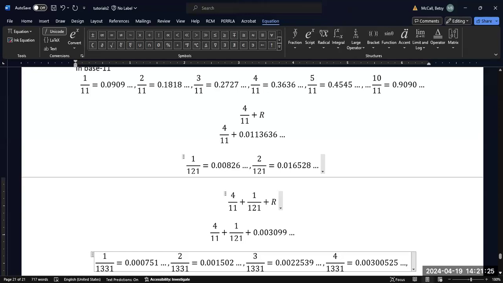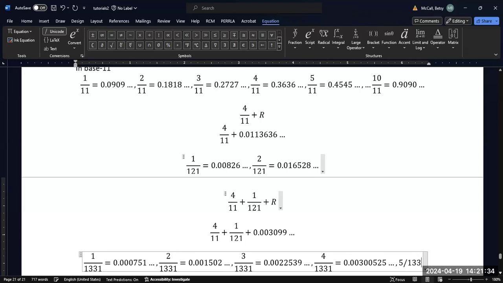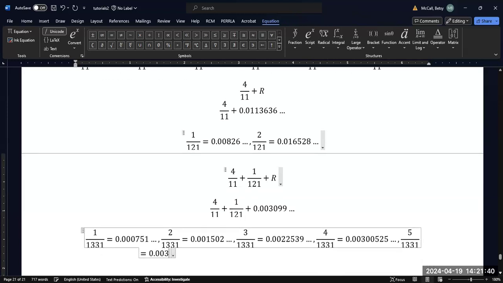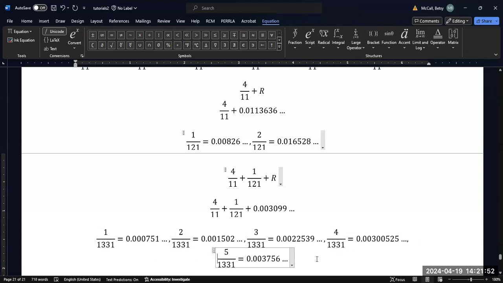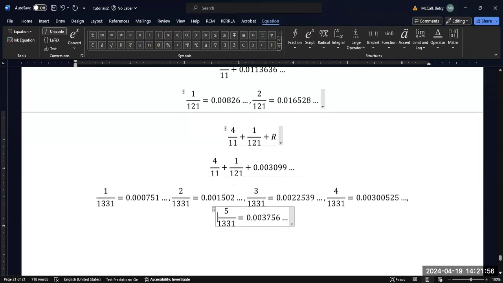And I think this is where we're going to stop, but let's just double check. 5 divided by 1331 is 0.003756... Yes, so that is bigger than what we have left, our remainder. And so we can stop here at 4.